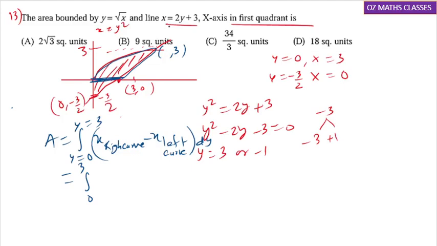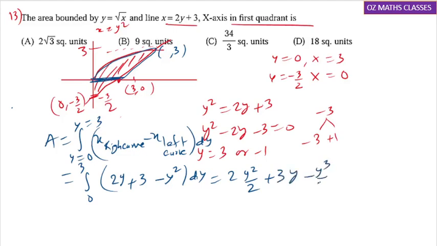So from 0 to 3, what will be the x right curve? X equal to 2y plus 3. So 2y plus 3 minus the left side curve. The left side curve is y equal to root x, so x will be y square, dy. So just integrate: 2y, y square by 2, plus 3y minus y cube by 3.